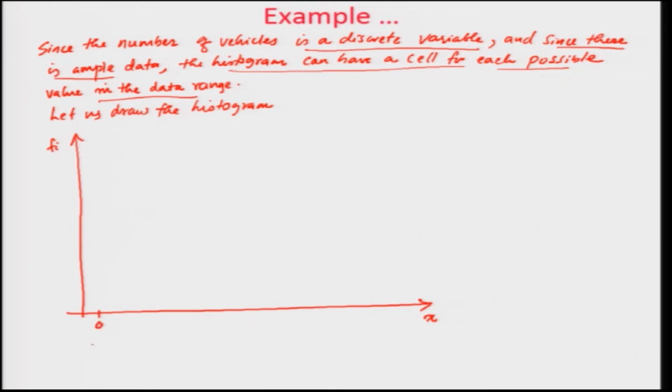We have 0, 1, 2, 3, 4, 5, 6, 7, 8, 9, 10, 11. These are the numbers that we got up to 11, and the frequency values here are 0, 2, 4, 6, 8, 10, 12, 14, 16, 18, 20, 22, like this.